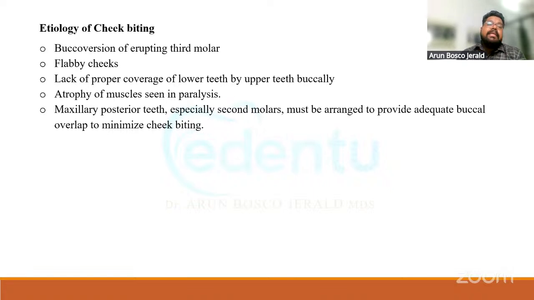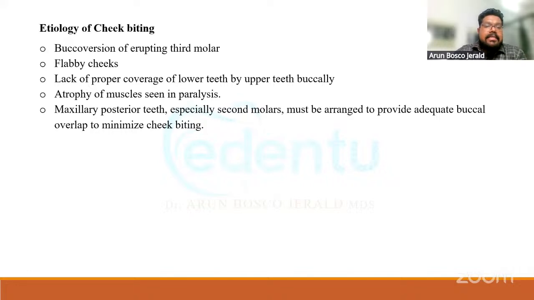Now, cheek biting is actually caused by different factors. First one is buccoversion or buccal flaring of erupting third molars. Since the buccal occlusion is not perfect, there is flaring of the upper posteriors, and there will be chances of the cheek getting between the upper and lower posteriors, which will cause cheek biting.